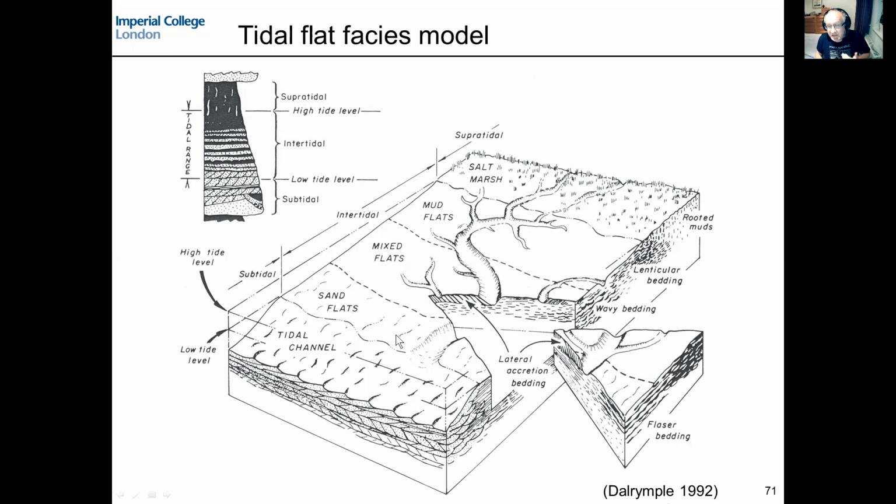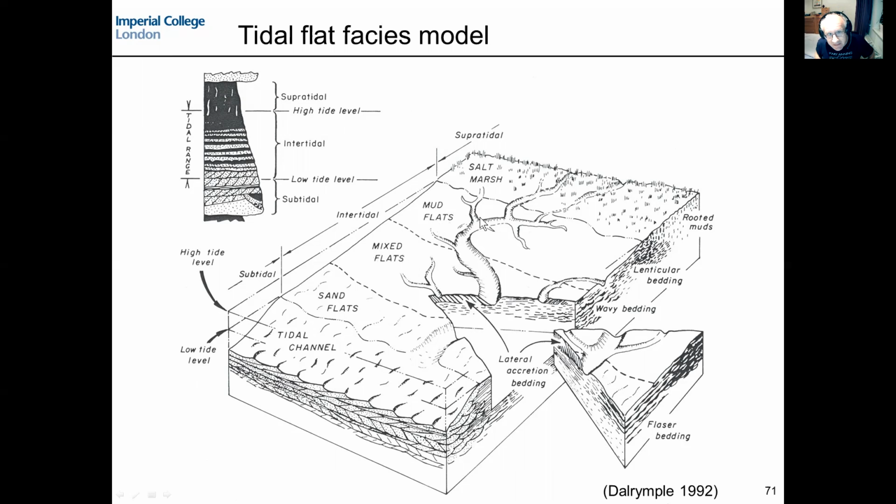There's more time for the tidal currents to move sand around in that part of the tidal flat because it's underwater for longer. And as we move up the tidal flat, the amount of time the tidal flat is underwater decreases, and therefore we tend to have less sand and more mud. So once we get into these shallower water environments, we're looking really at predominantly mud.